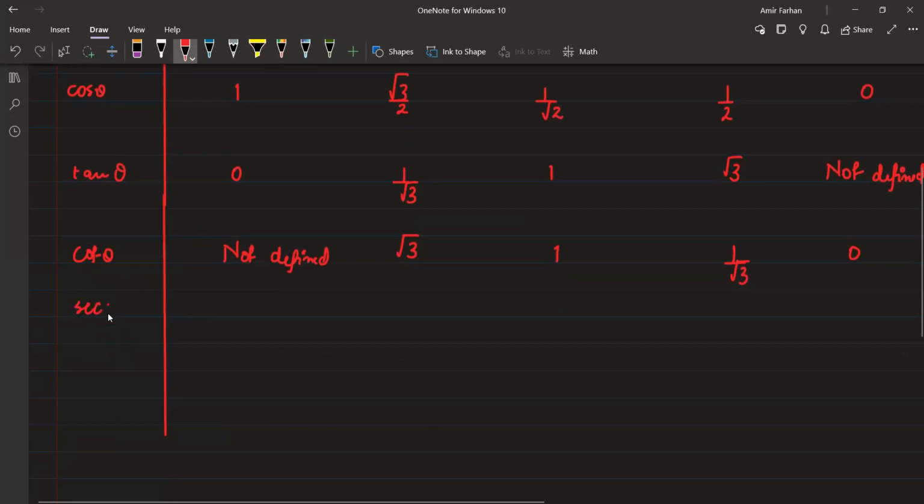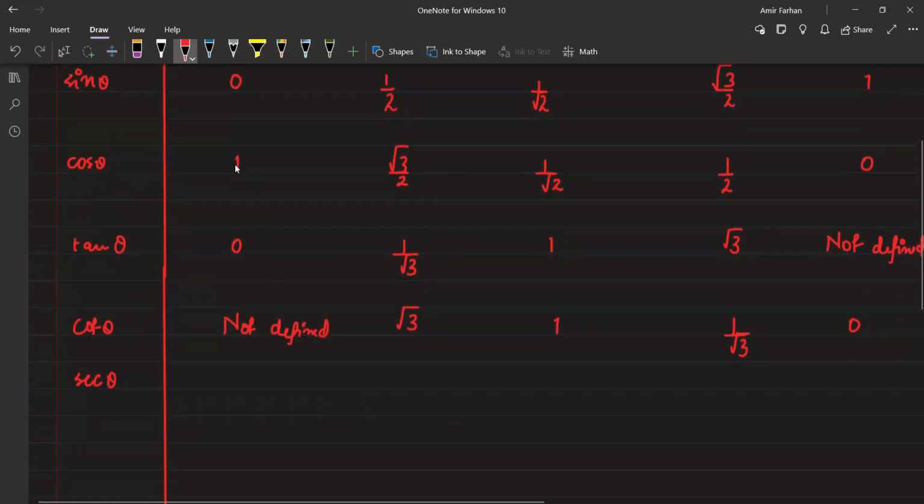Next is sec theta. Sec theta is the reciprocal of which ratio? That is cos. Sec theta is the reciprocal of cos. So if you reciprocate 1, it would be 1.